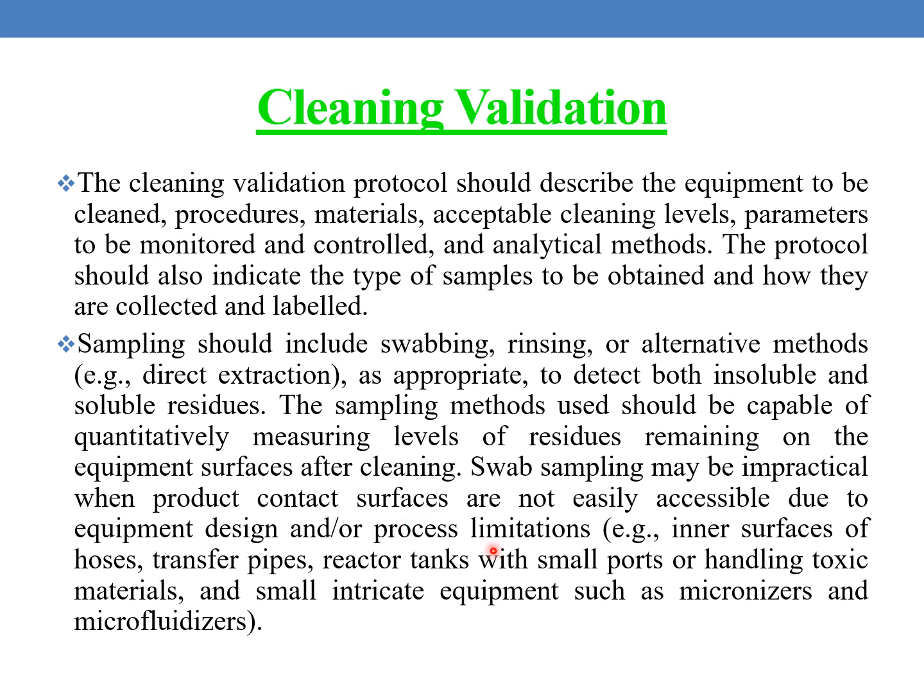For example, when product contact surfaces are not easily accessible because of equipment design or process limitation, such as inner surfaces of hoses, transfer pipes, reactor tanks, and small ports. The second case is handling toxic materials; even in that case, swab sampling is not applicable. And it is also not applicable for small intricate equipment such as micronizers and microfluidizers.